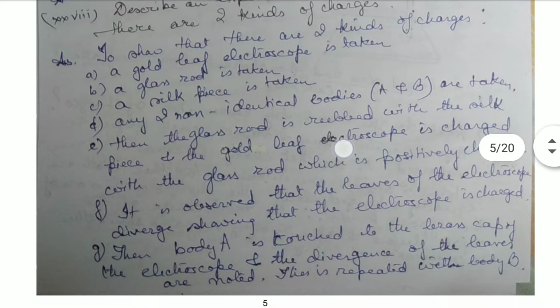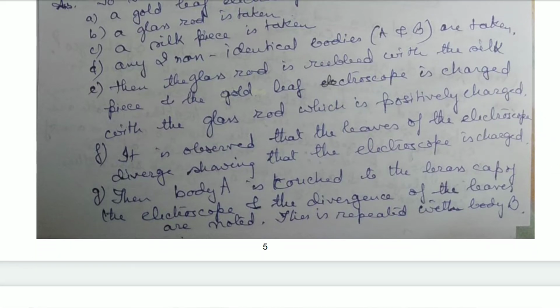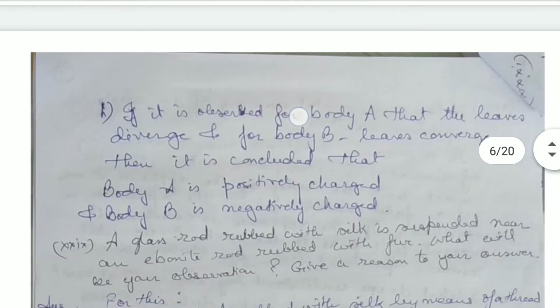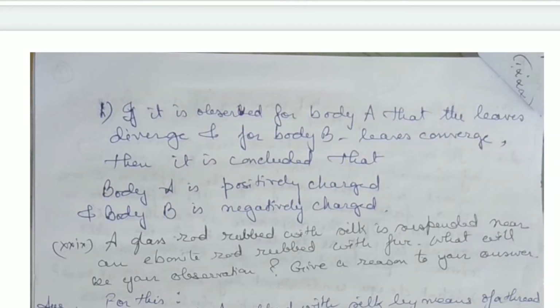Now, after that, we will take body A and touch the brass cap of the electroscope, and again we will take body B and touch the electroscope, and in both cases we will note the divergence of the leaves. For body A, the divergence of the leaves is more. For body B, the leaves do not diverge but they converge.